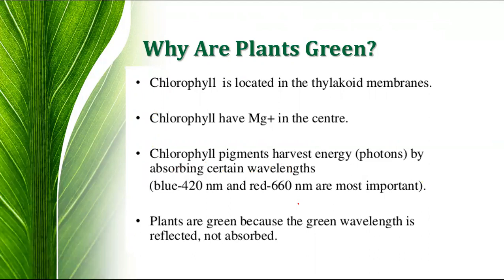That means these two are the most important wavelengths for harvesting energy. So plants are green because the green wavelength is reflected. It is not absorbed. That means only blue and red light get absorbed, while the green wavelength gets reflected, and due to that the plants are green in color.